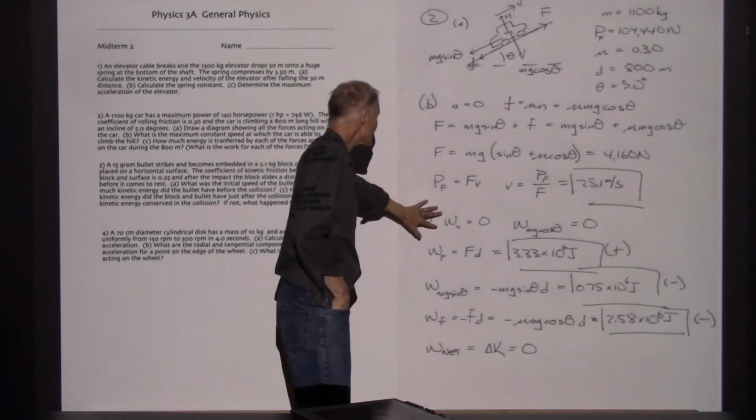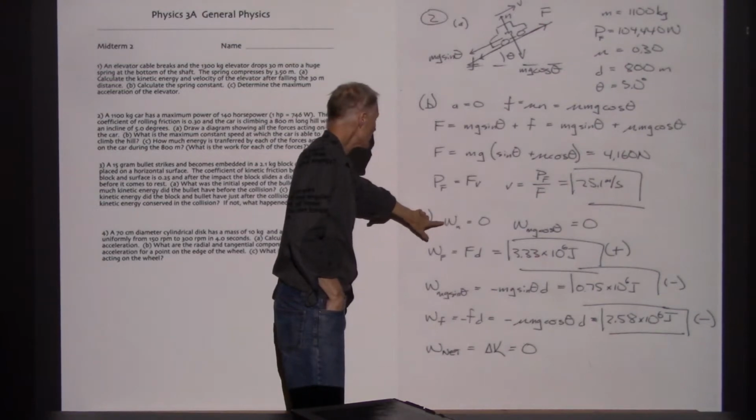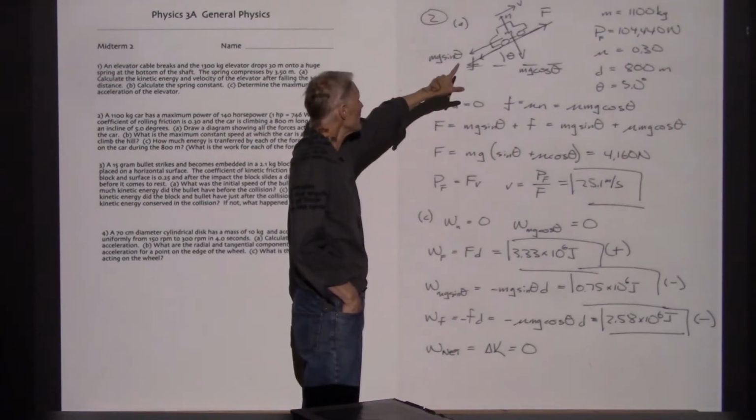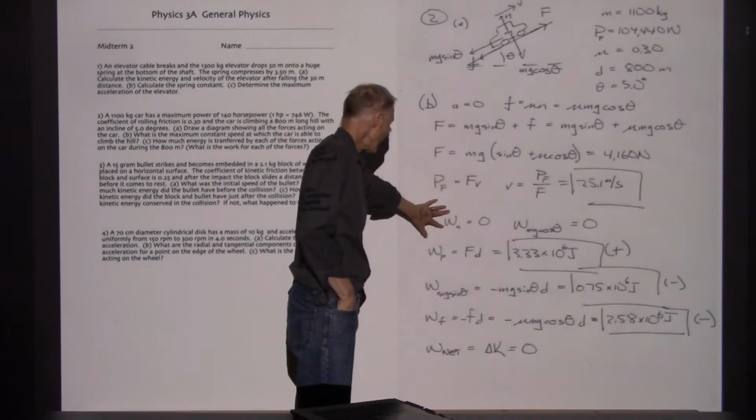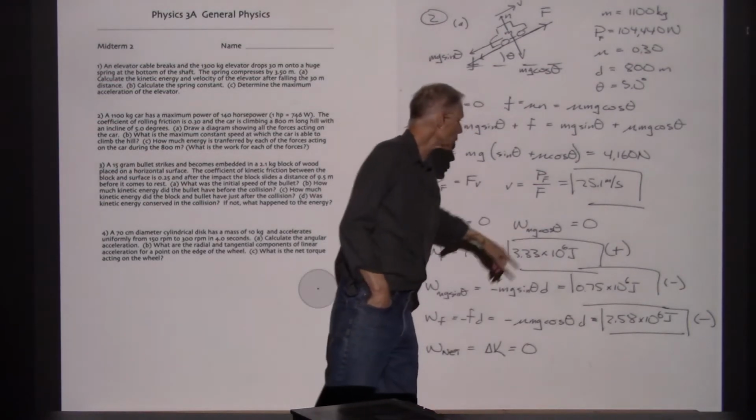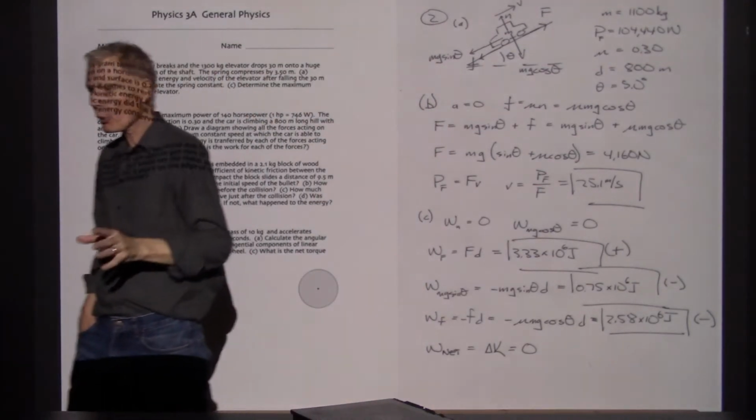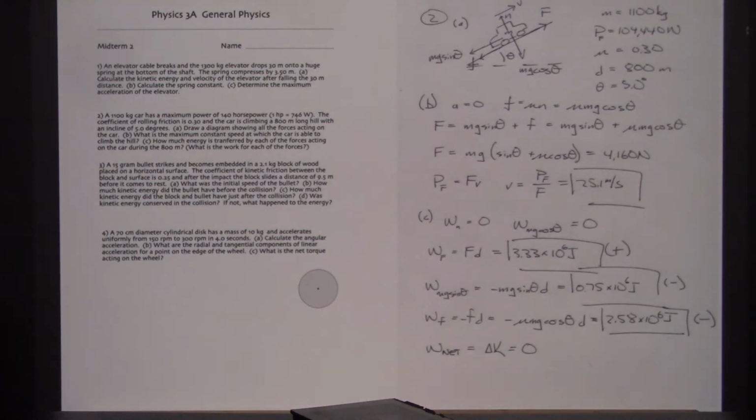So again, this is going back to chapter 7 and saying a perpendicular force, which would be N, or maybe mg cosine theta, those are perpendicular to the displacement. They are not transferring any energy. So those I can immediately set equal to 0, and I can get points for that.